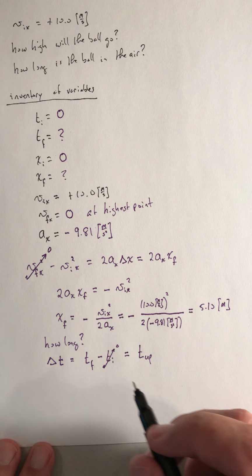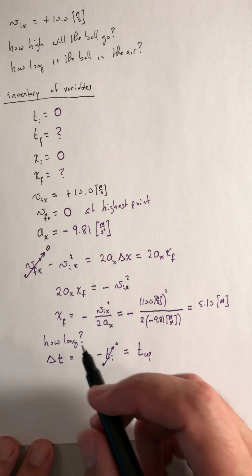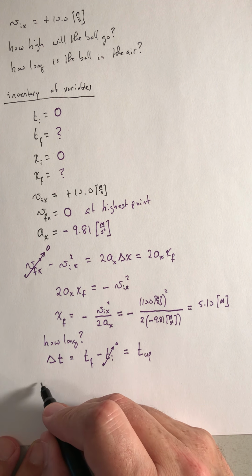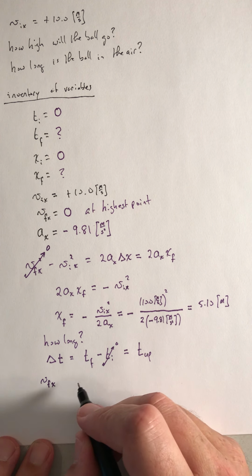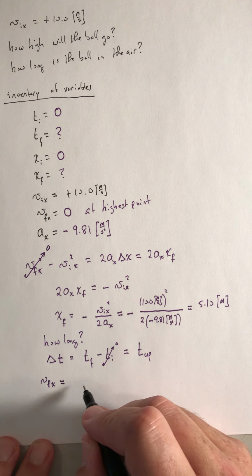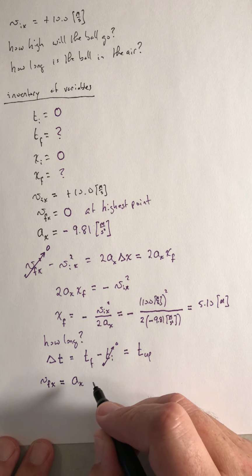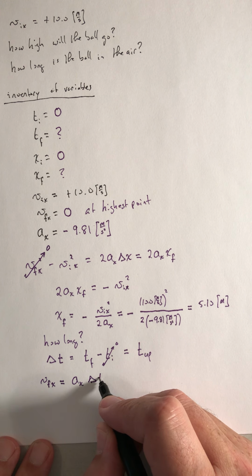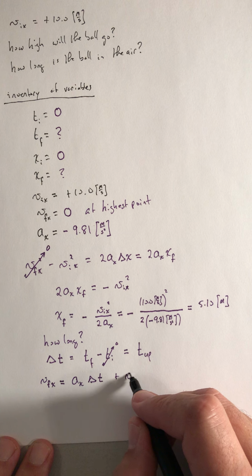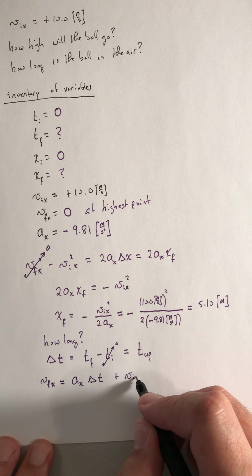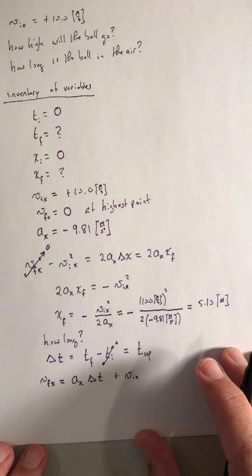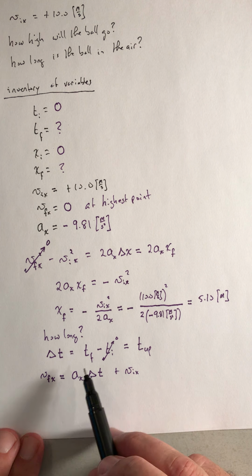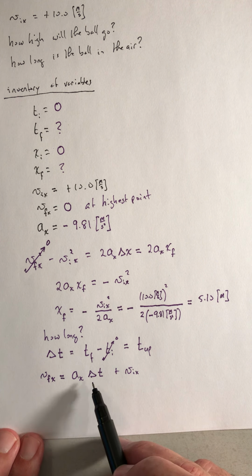Okay. Using the definition of acceleration, we have v final along the x direction at the highest point is the acceleration times delta t plus v initial along the x direction. And that is going to tell me to substitute in t up for delta t and solve for it.